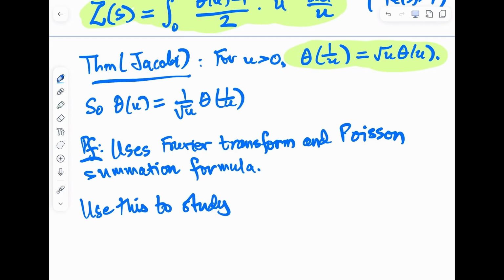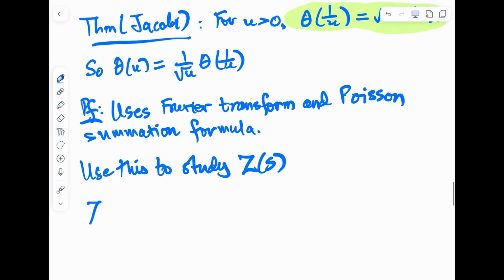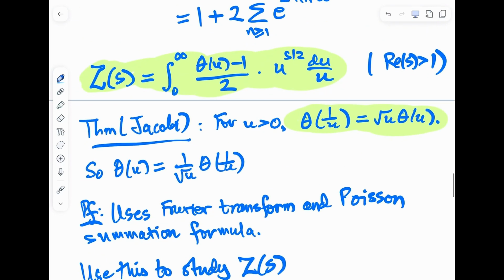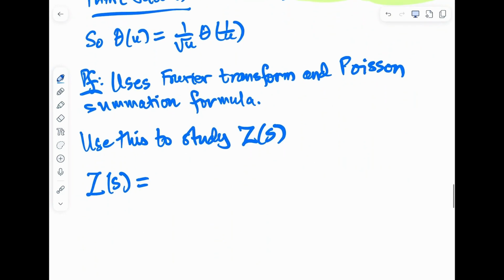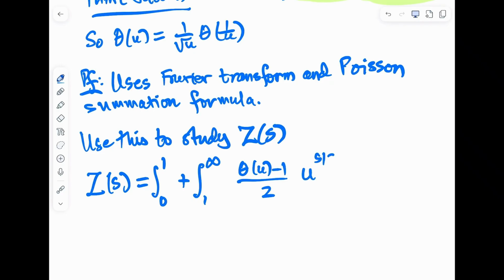Okay, so what I'm going to do is take the integral that defined it up there at the top from 0 to infinity. I'm going to break it into two parts, 0 to 1 plus 1 to infinity, of this expression. Hopefully this abusive notation is understandable. U to the s over 2 du over u.